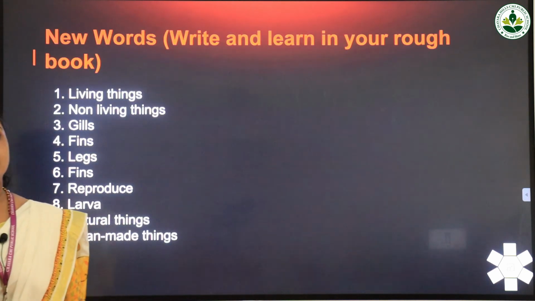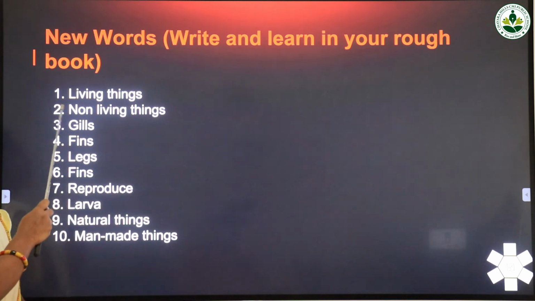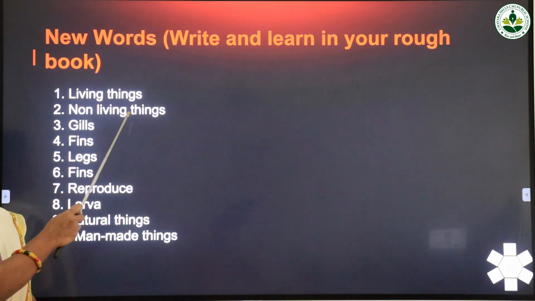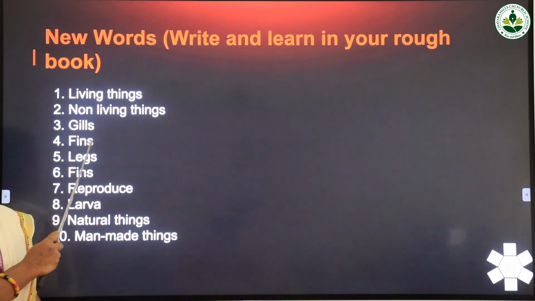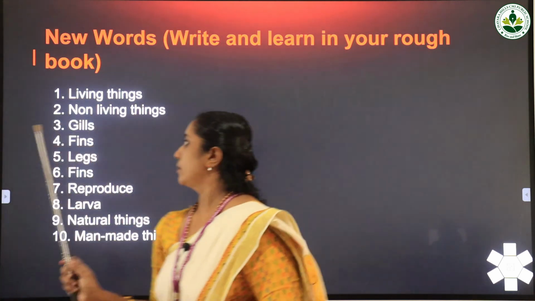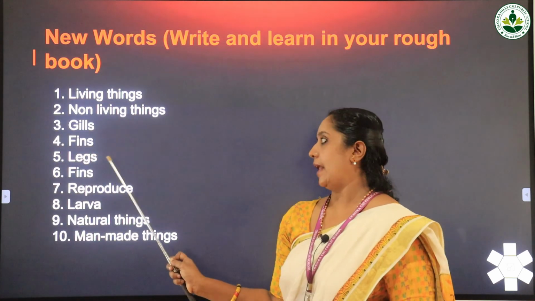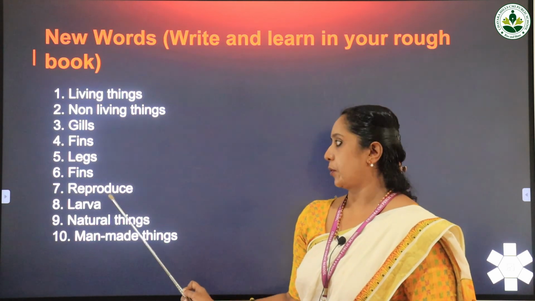Now let us see the new words in this lesson. First one, living things. Second one, non-living things. Third is gills. Fourth one is fins. Fifth one is legs. Sixth one is fins. Seventh one, reproduce.